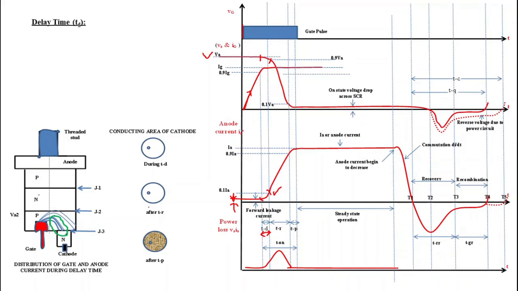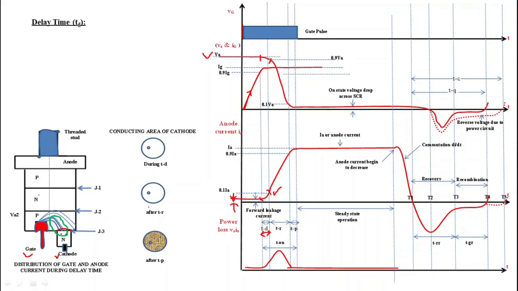Now we will see what happens inside the thyristor. See the gate cathode junction. This is gate and this is cathode. As gate current begins to flow from gate to cathode, gate current has non-uniform distribution of current density. This non-uniform distribution of current density is over the cathode surface area. How is this non-uniform?